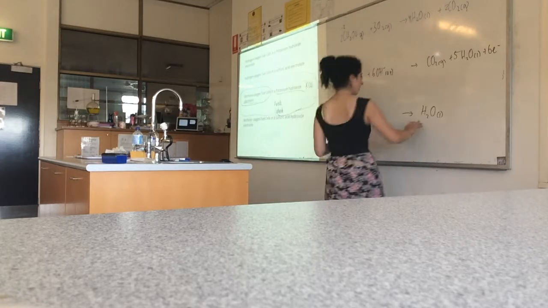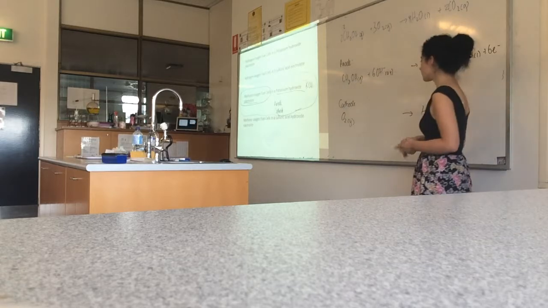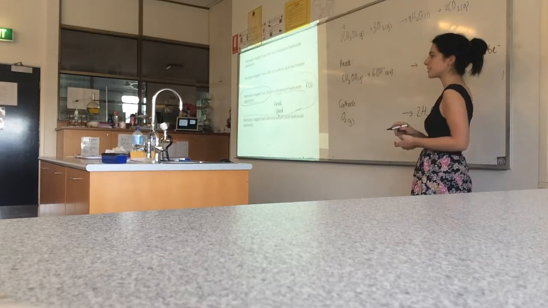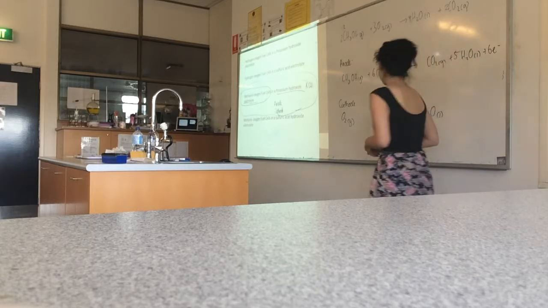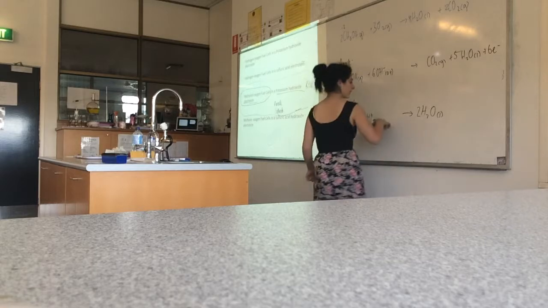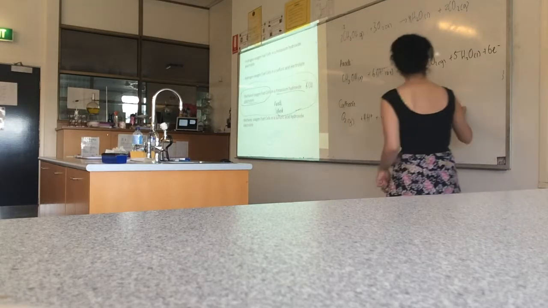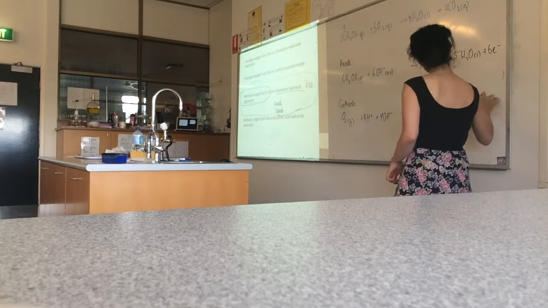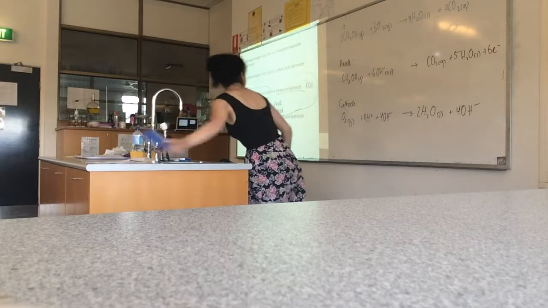So we balance for everything except H and O, then we balance for oxygen by adding water, so you can put a 2 there. Did you guys do that, or did you add another water? And then H's by adding 4H plus. Then we're in a basic environment, so 4OH minus to either side. And this should turn into 4 waters.